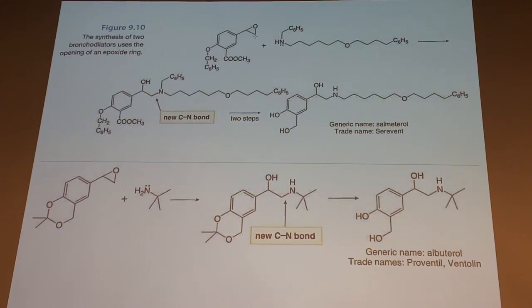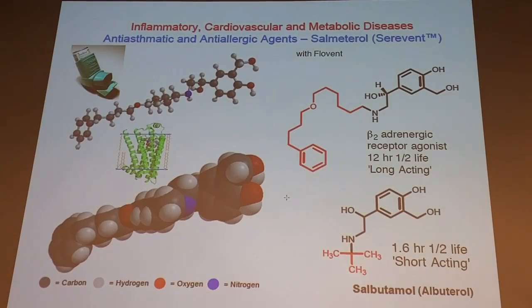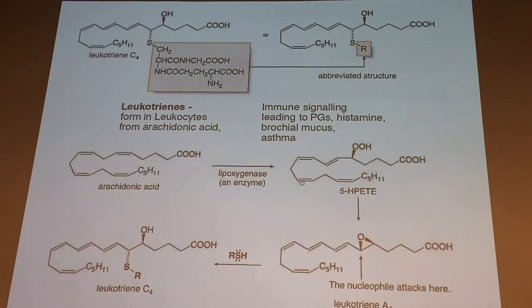And why? That's the primary position. That's where a good nucleophile would want to attack on its own. This is not acidic conditions. Nucleophilic conditions to give that. And there's the Serevent product. Same thing here with this one, with the tert-butylamine, opening up the epoxide right there, forming that bond. Okay. Yeah, and those are those two different asthma drugs that we've talked about before.